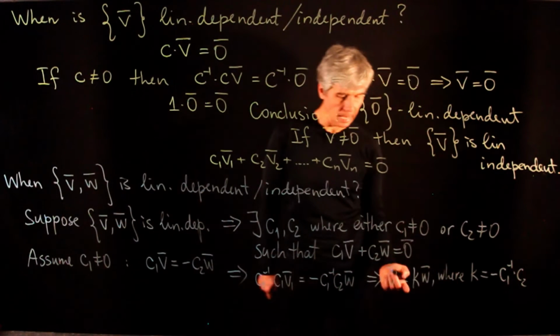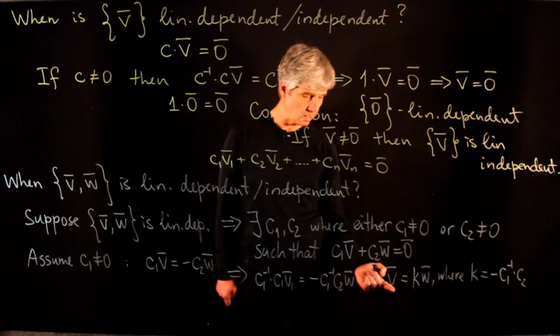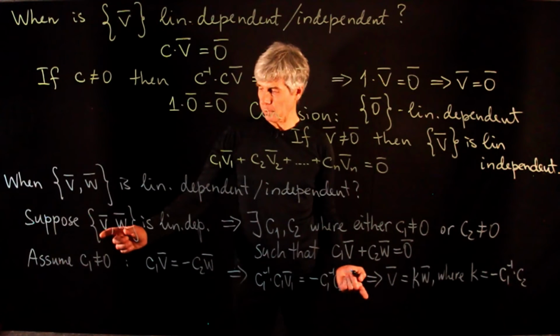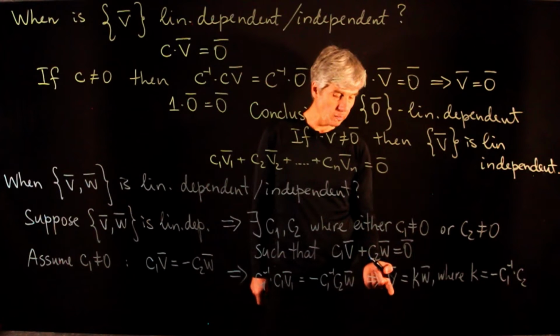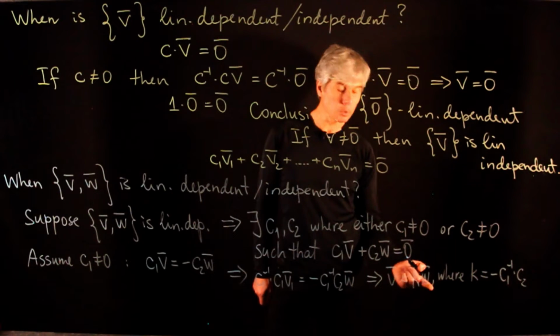C2. And so what we conclude here is that if these two vectors are linearly dependent, then one of these vectors is a multiple of another.